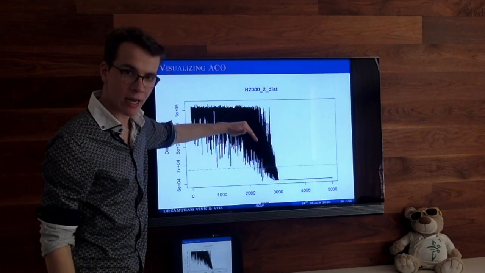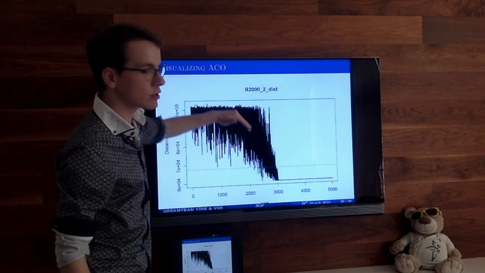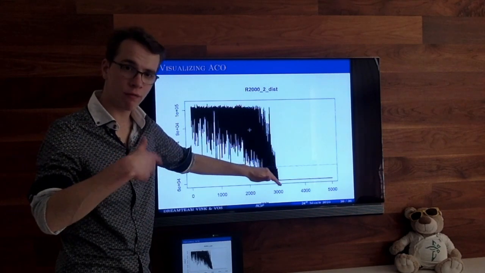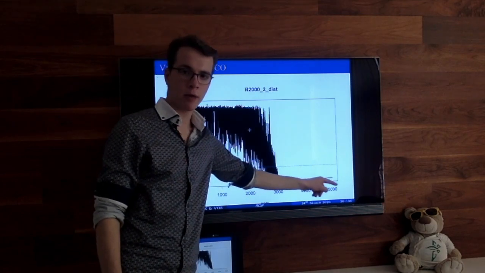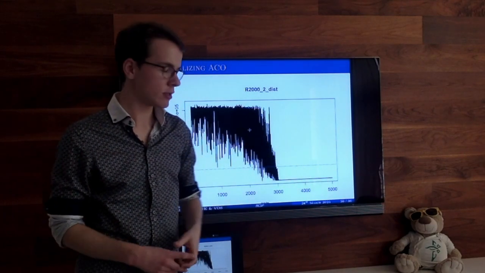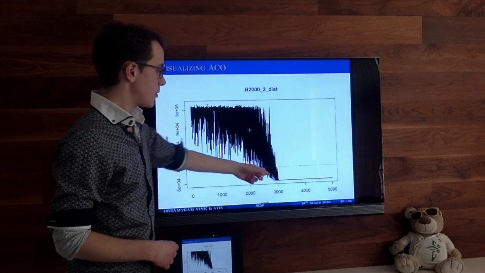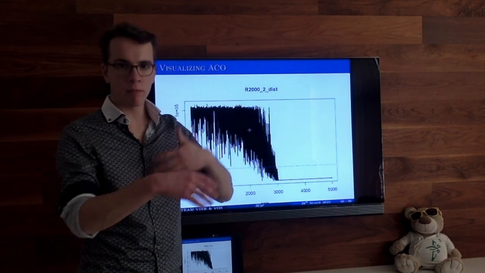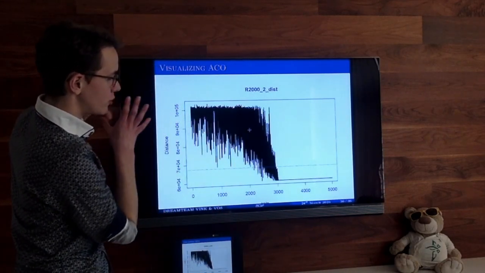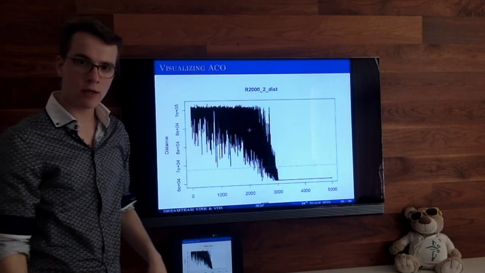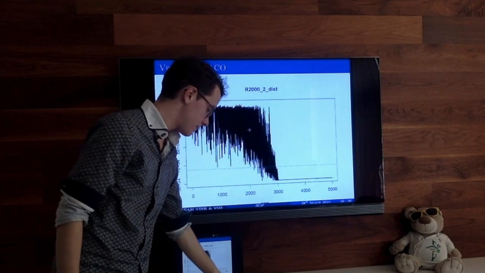More and more ants are actually reaching T, and the distances are going down, so the ants are indeed finding better and better paths. At some point, they all converge to one path, which is the best path that they found. And then there are going to be so many pheromones on this path that pretty much all ants walk this path. So this is the visualization of what ant colony optimization looks like.